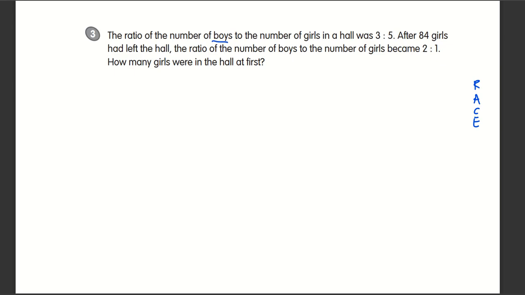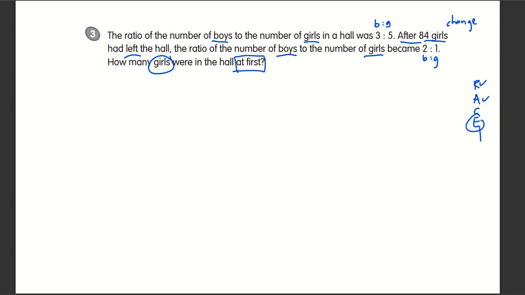So boys to girls is 3:5. Then here's the change after. After 84 girls left the hall, the ratio of boys to girls changed to 2:1. How many girls were there in the hall at first?